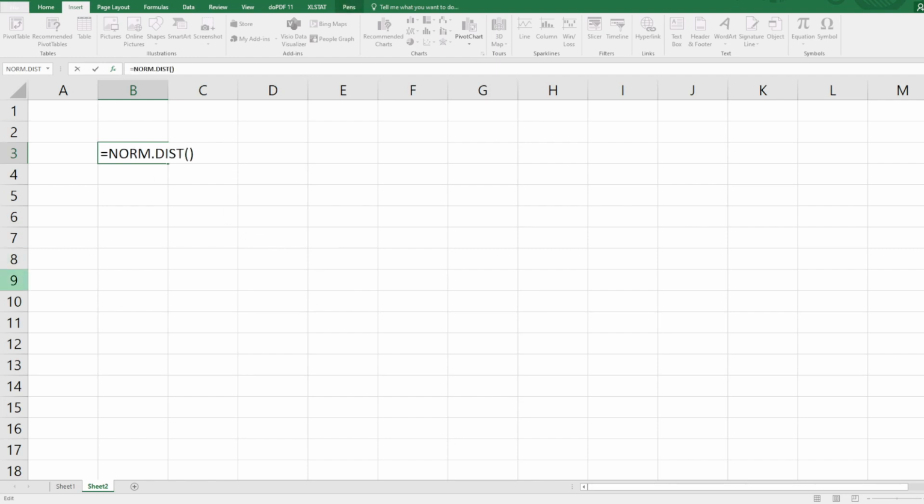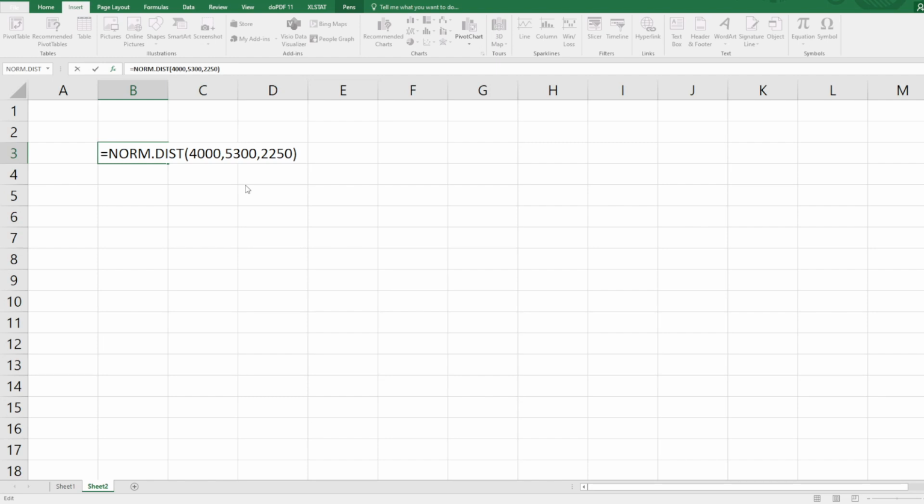Enter x as 4,000, mean of 5,300, standard deviation of 2250, and then cumulative: yes, I want the area under the curve less than a value, basically the CDF.